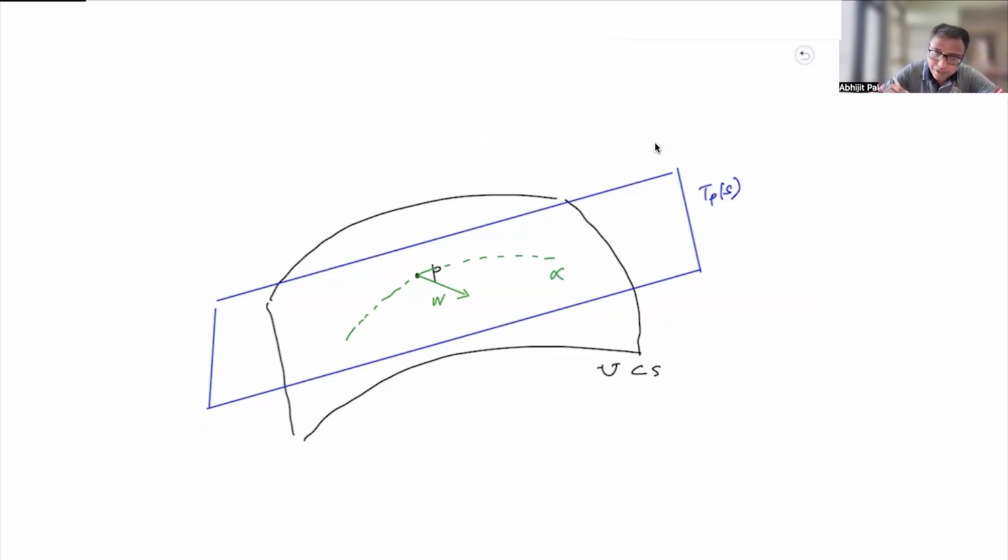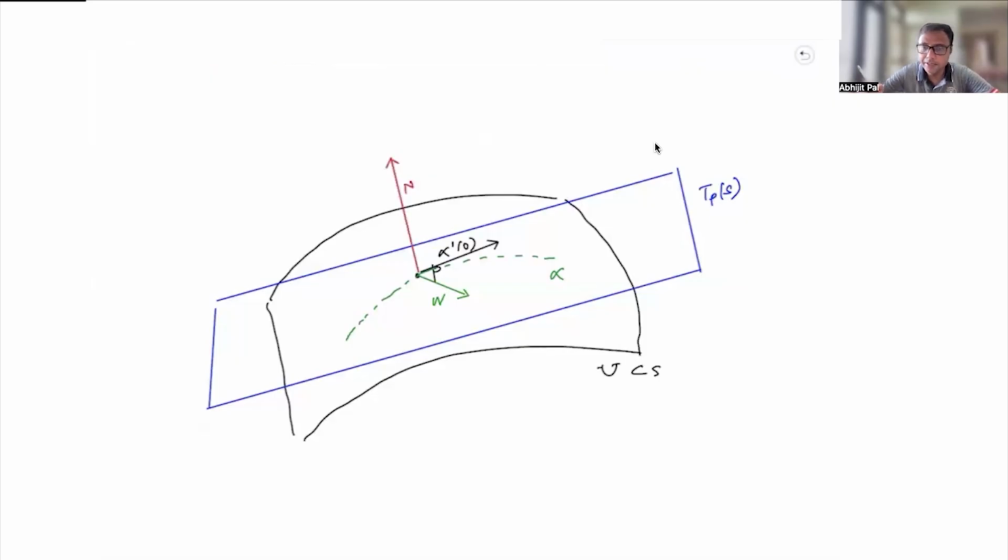And for this curve alpha, we have this tangent vector at P. So this is alpha prime 0. So we also have this unit normal to this tangent plane. So this is n or n of P.